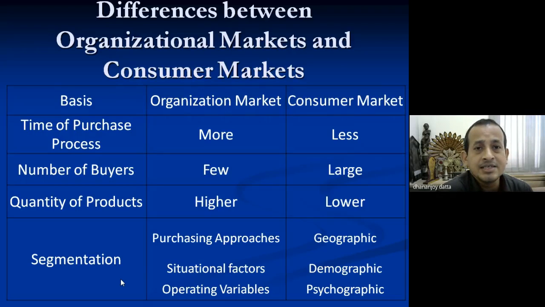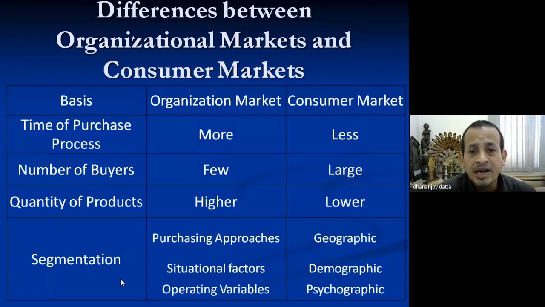Next we'll discuss the difference between the organizational market and consumer market. Now there are some bases, and on these bases I have created the difference. The bases are time of purchase process, the number of buyers, quantity of products, and finally segmentation.